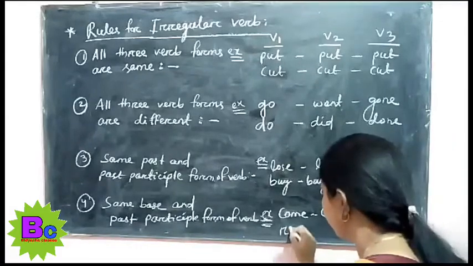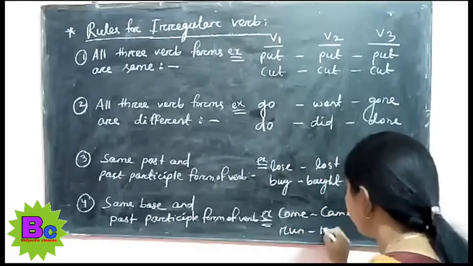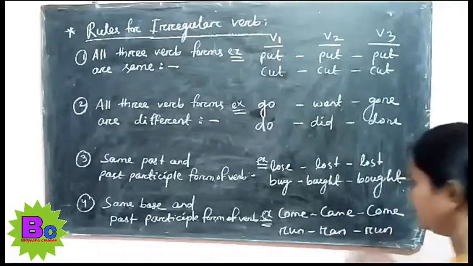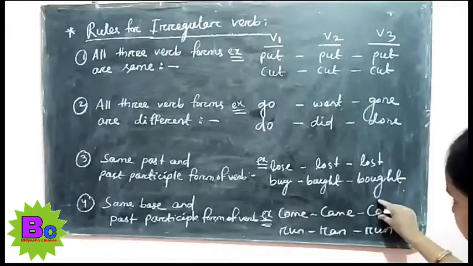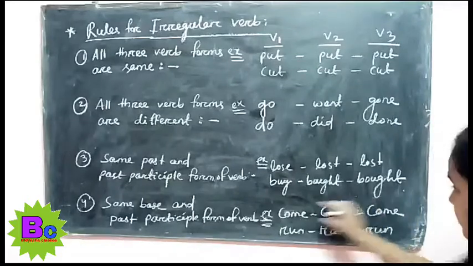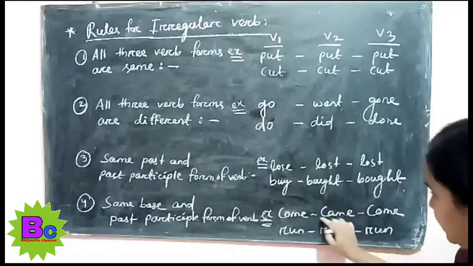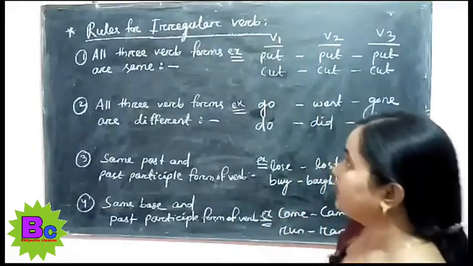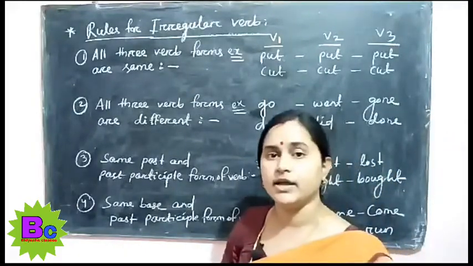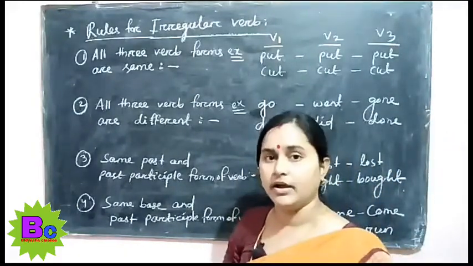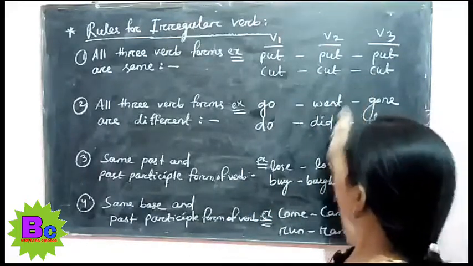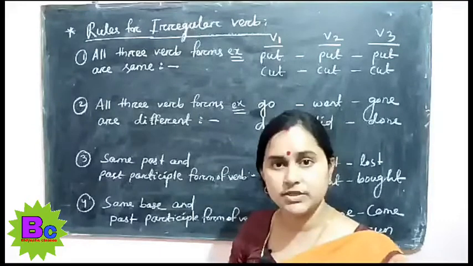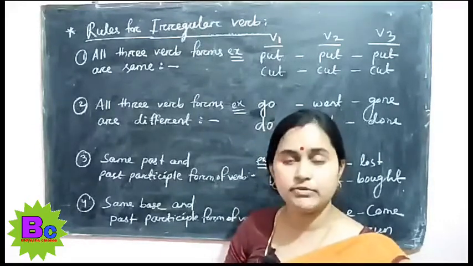And we can take another, run, ran, run. Look here, the base form and the past participle form remain the same, and the past form of the verb is different. So there are two types of verbs, regular and irregular, and from these rules we can distinguish which one is a regular verb and which one is an irregular verb.